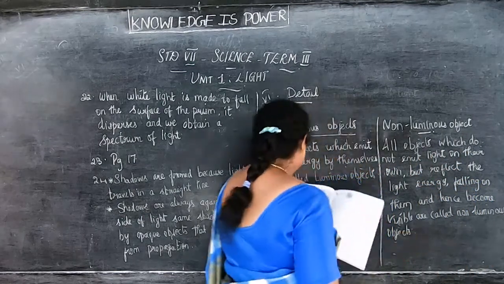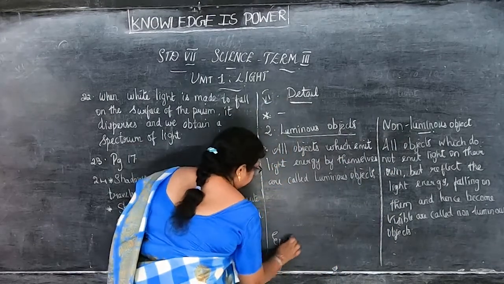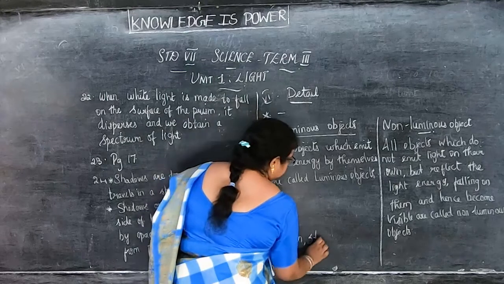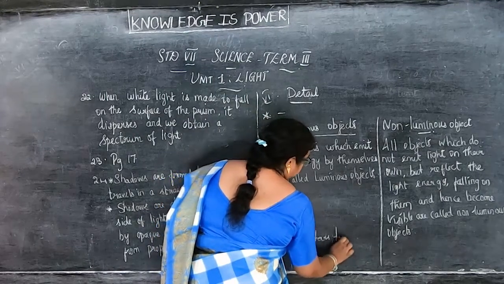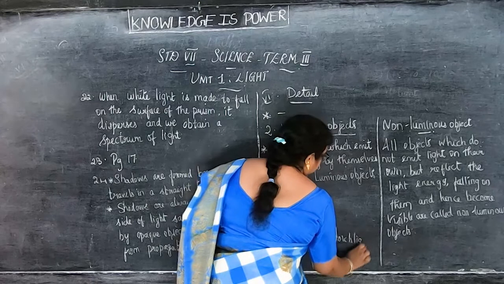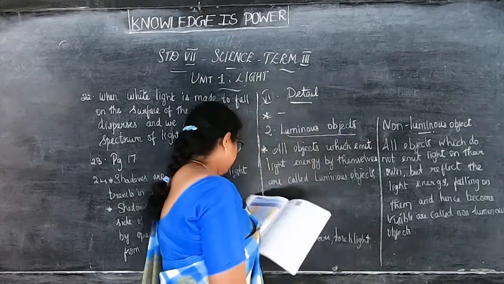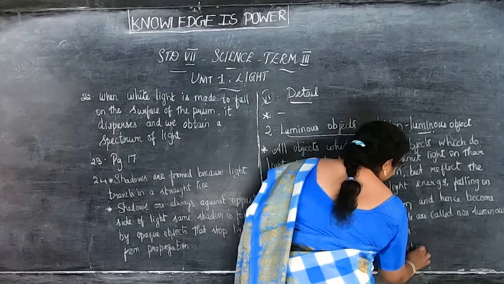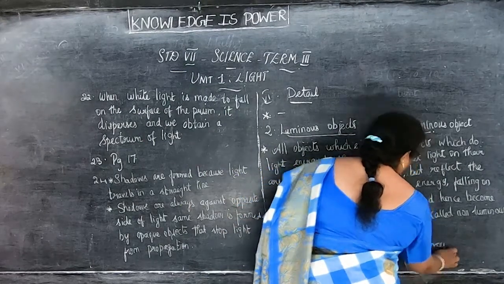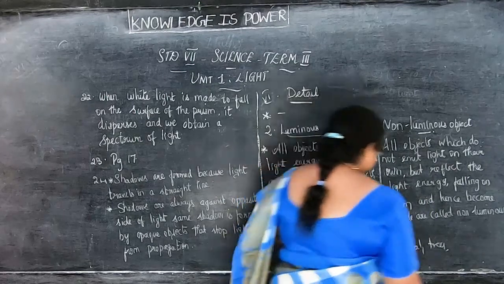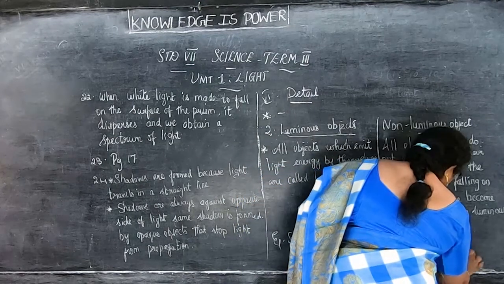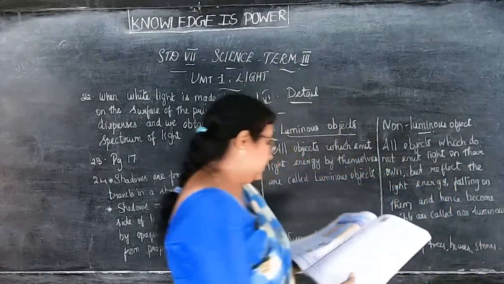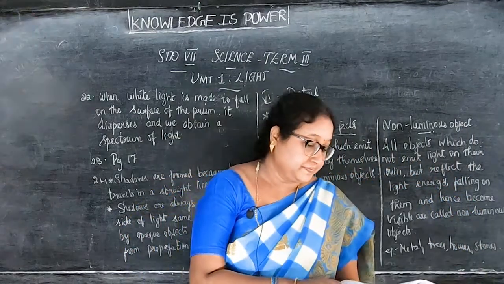Okay, children, now we'll give the examples. Example: sun, stars, torchlight. Then for non-luminous, metal, trees, houses, stones. Okay. This is the luminous and non-luminous object detail.